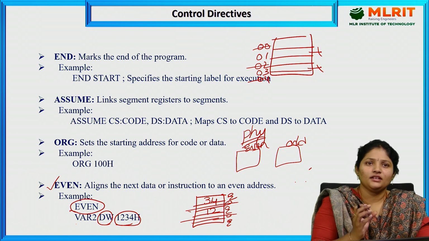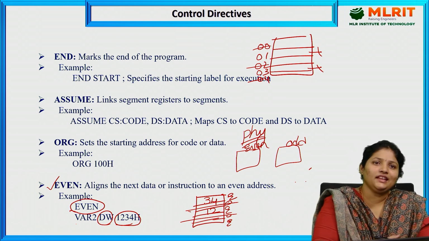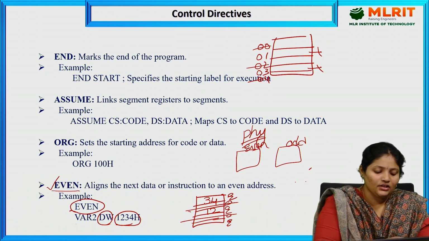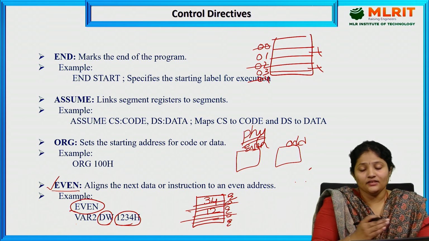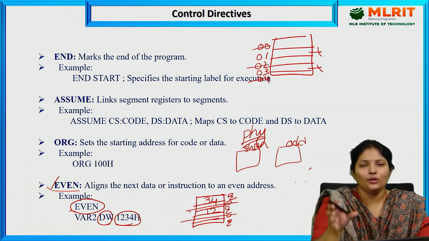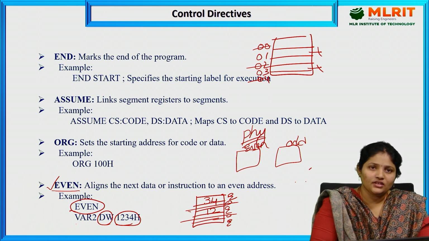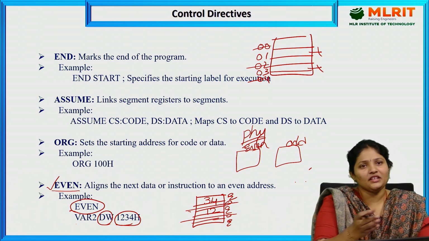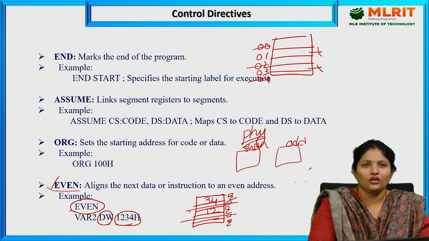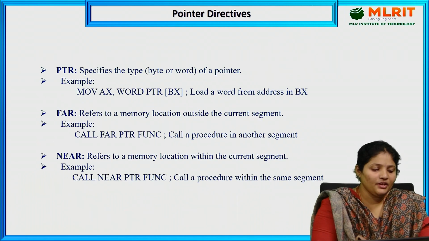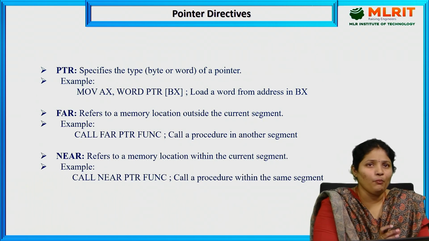To avoid those delays, we can use this even assembler directive, so it can align the next data or instruction in the even address location. So execution of these instructions is a little bit faster when compared to the data present in odd memory locations. So coming to the next one, pointer directives.